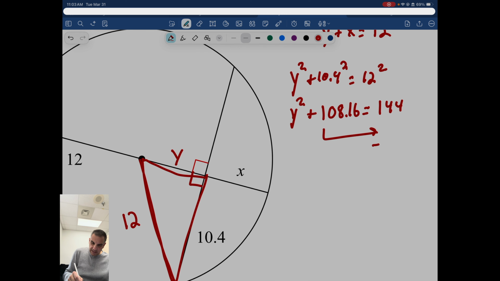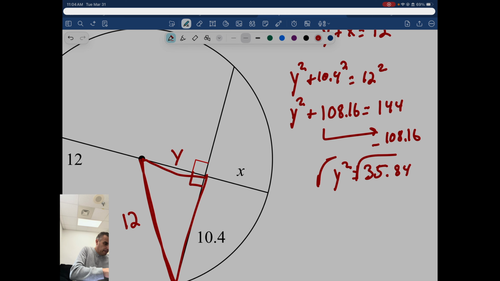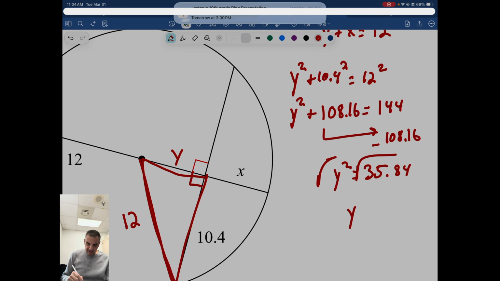I'm going to subtract 108.16. That gives me y squared equals 35.84. If I take the square root of that, I get 5.98, so I'll just call it 6. So y is equal to 6.